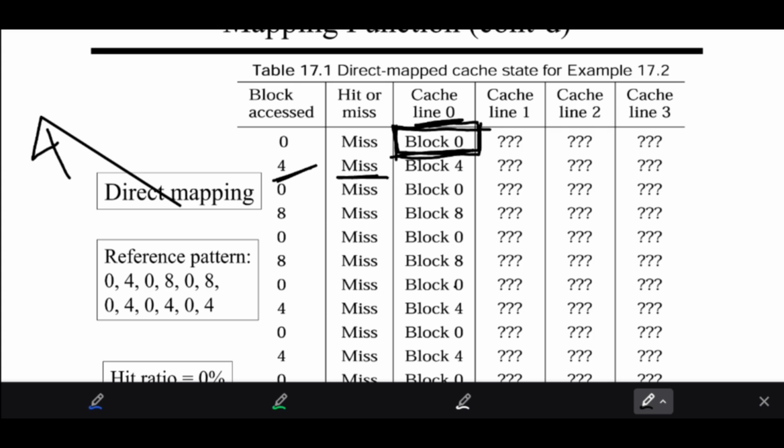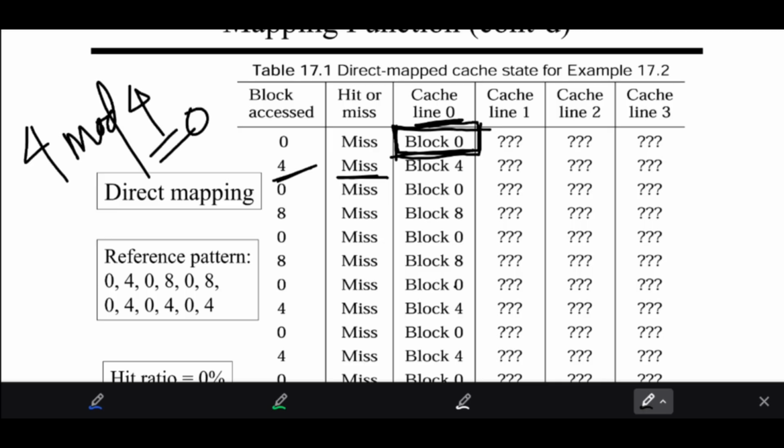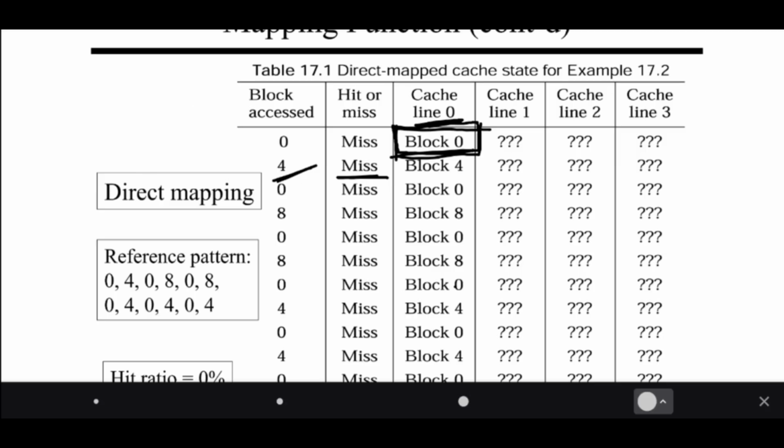The block number is 4, and 4 mod the number of cache lines 4 is equal to 0. So this is also stored in cache line 0.